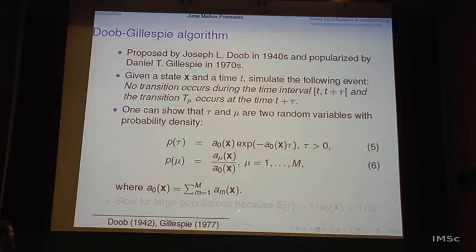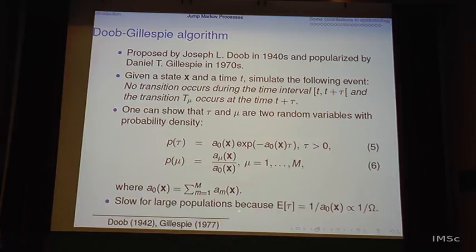So the idea is that you have different exponential clocks, one for each transition, and you look at the time at which the first one is going to ring. That's going to be this variable. And then you pick the transition proportionally to the intensity of this transition compared to the others. So A0 is just the sum of all the intensities.